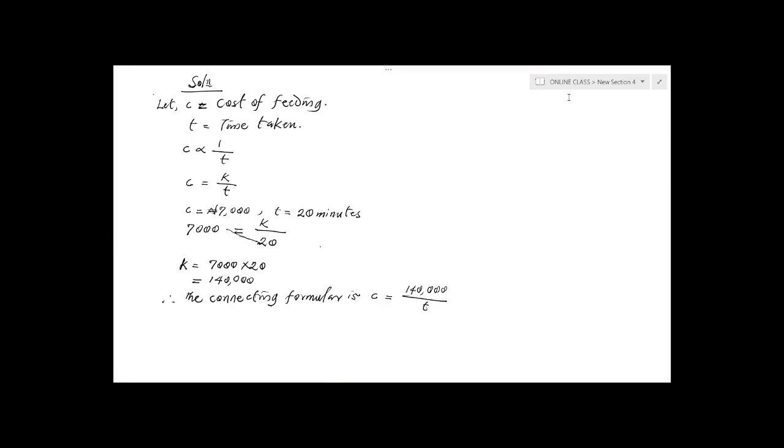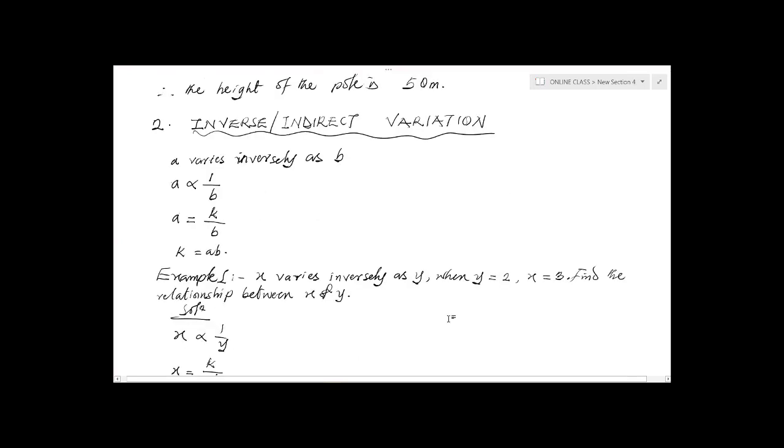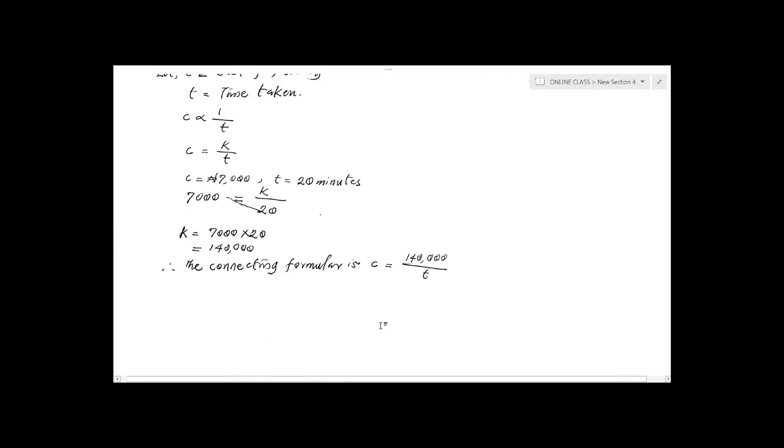Okay, then we can go to the next one. That is the B part, where they told us to find the cost of feeding when the time is 140 minutes. B says that T equals 140 minutes, and we have to find C, unknown.